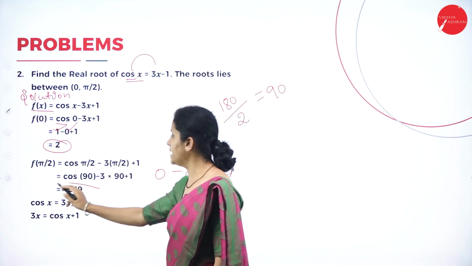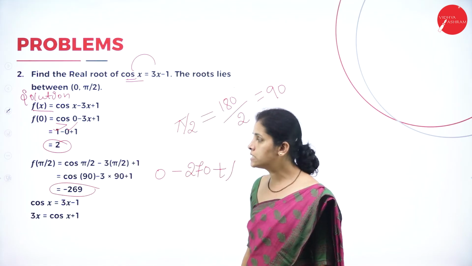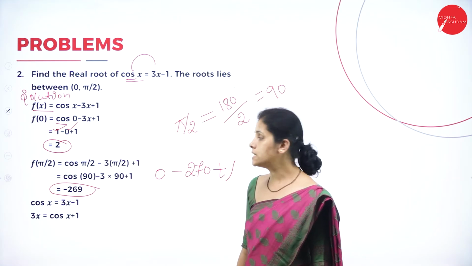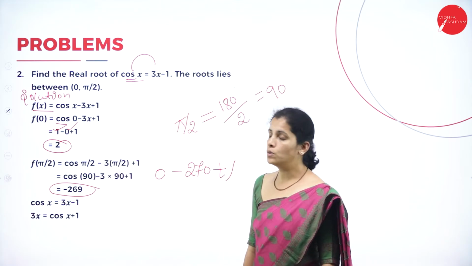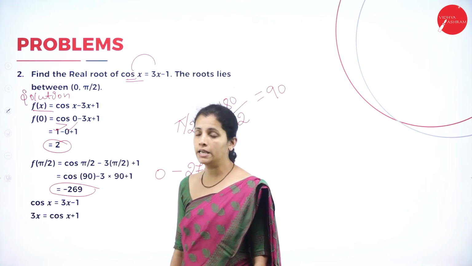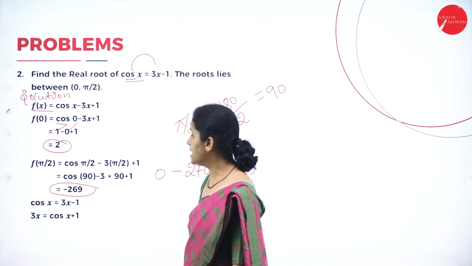I'm going to get a negative sign, that is minus 269. Now, dear student, when my x is 90 degrees, I'm going to get minus 269.